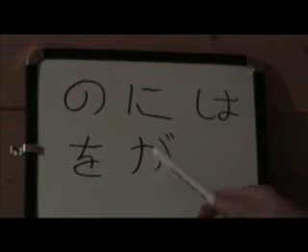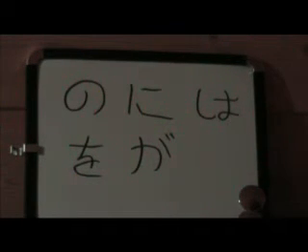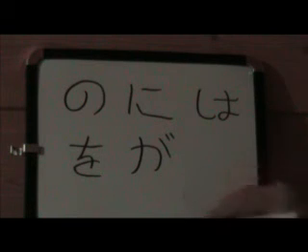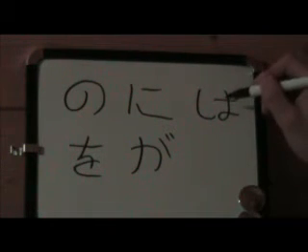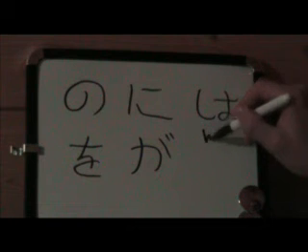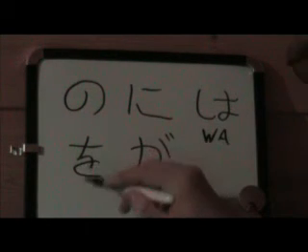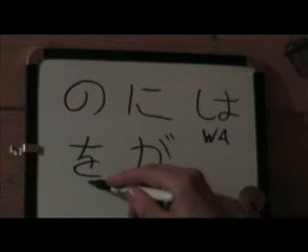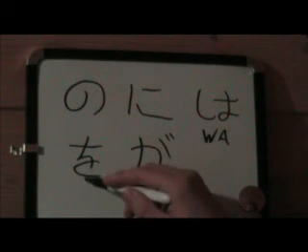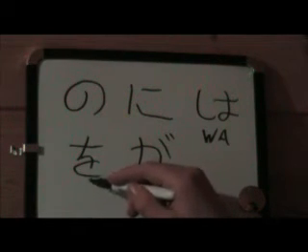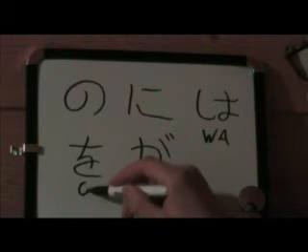Here we have the most used particle in the Duel Masters cards, and it's something I need to clarify. This is ha, letter ha. But it's particle wa. Well, like I taught you before, this is o. It's actually the character wo, but it's actually read as o.